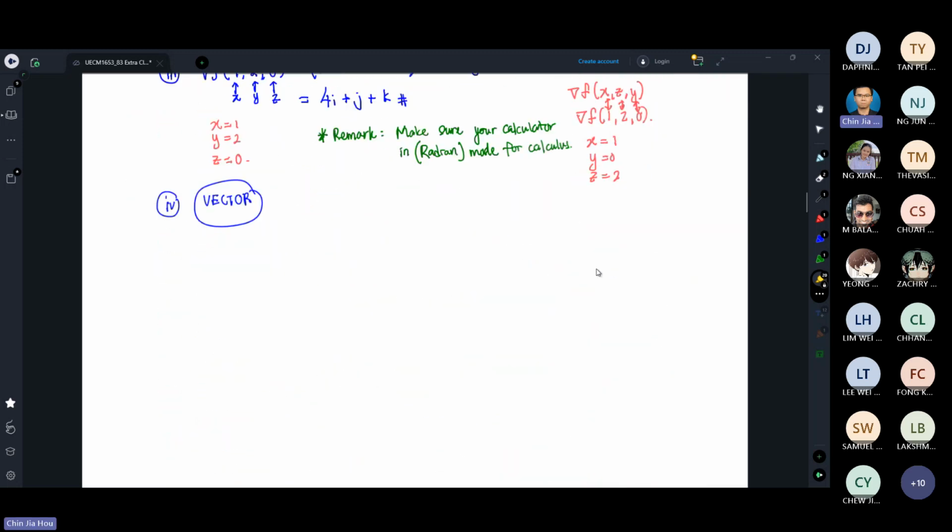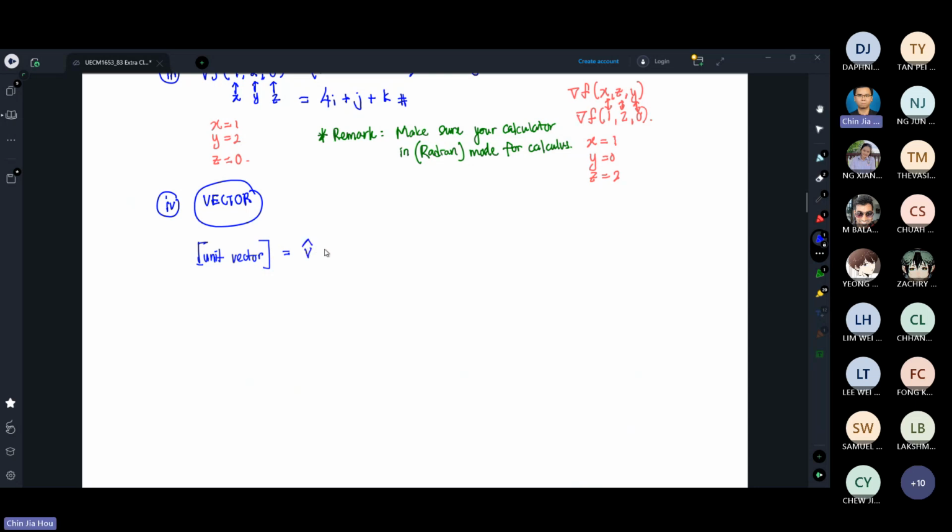So to do that, the first thing that you should do is to find the unit vector of this vector, okay? So finding the unit vector, as a reminder here, let's say the vector given in the question is v, so we stick with the v.